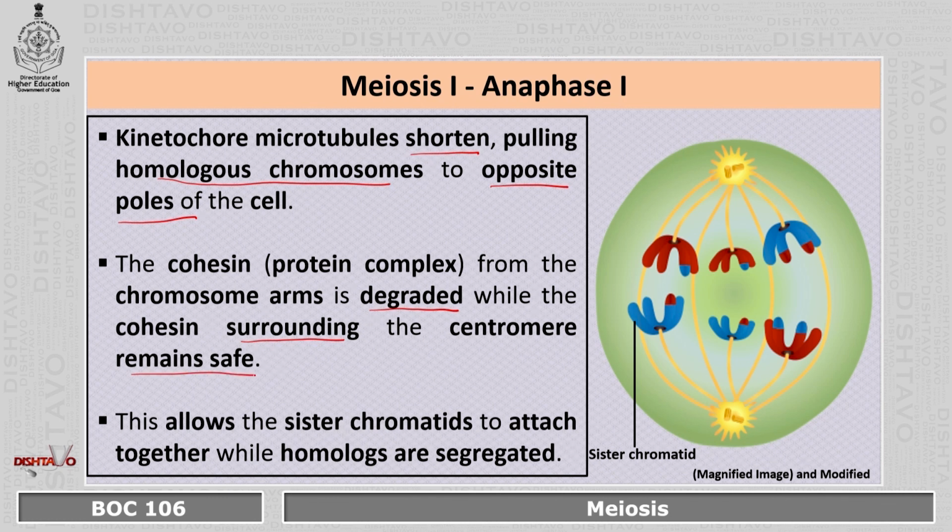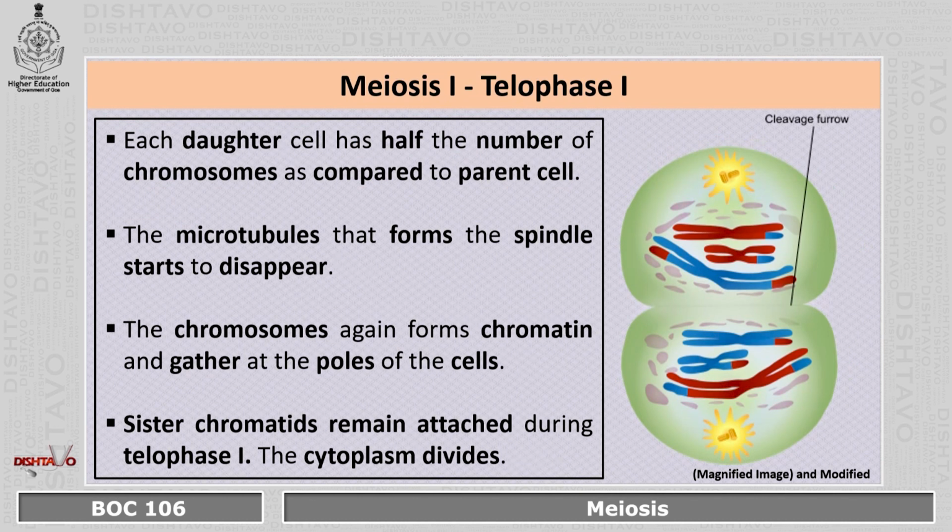This allows the sister chromatids to stay attached together while homologs are segregated. This is the figure which shows the kinetochore pulling the chromosomes to the opposite poles. So the pulling of the chromosomes towards the opposite poles is called the anaphase stage.